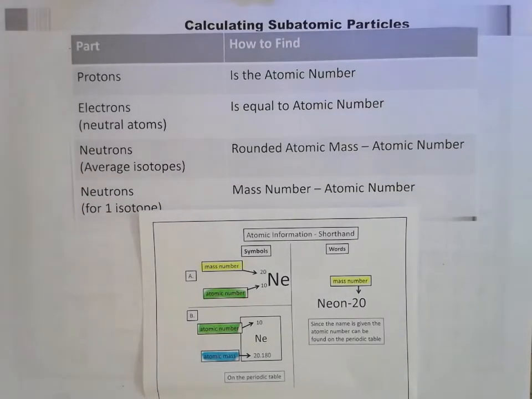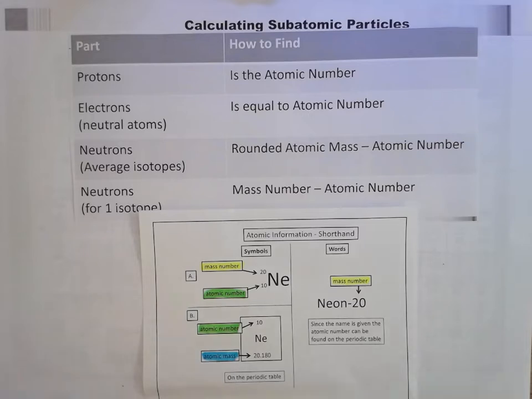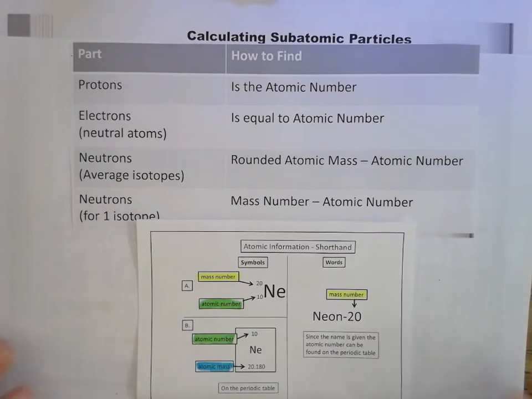If you're trying to calculate the protons, that one isn't an actual calculation. All you need to know is the atomic number. If you are using the periodic table, again, the atomic number is on the top, sometimes in the center, sometimes to the left or to the right.